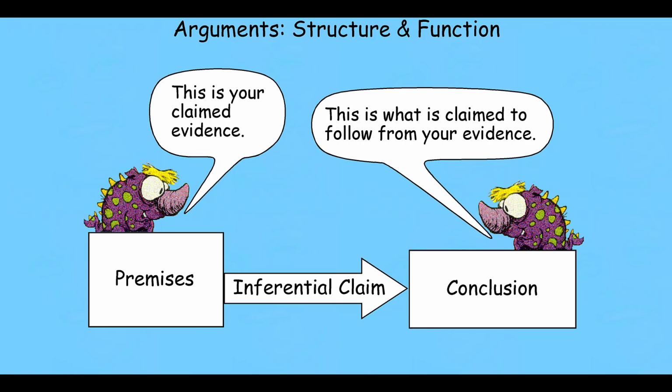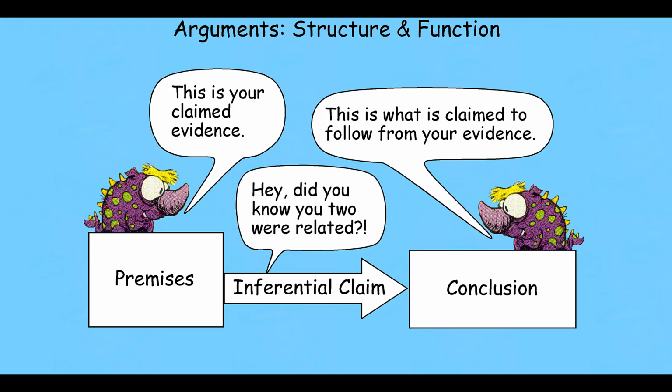An inferential claim makes a statement about the relationship between the premises and the conclusion under a certain condition. Specifically, it says, if the premises are true, then the conclusion is either highly probable in the case of an inductive inference or necessarily true in the case of a deductive inference.